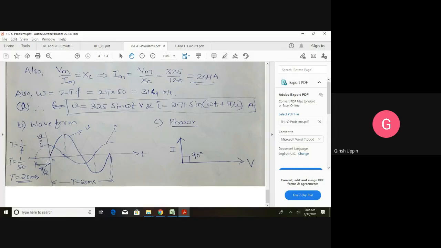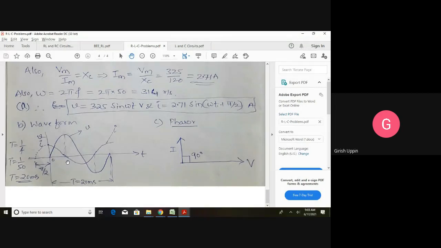So we can think that current has started before, that is current leading by pi by 2. So this is dotted. This is just for the understanding. Actually, the minute you apply, the current would be maximum. This is Im, and when voltage is peak Vm, current is 0, and so on.